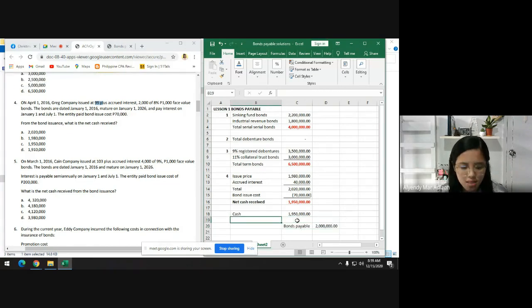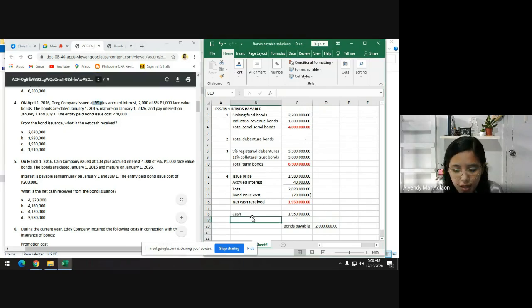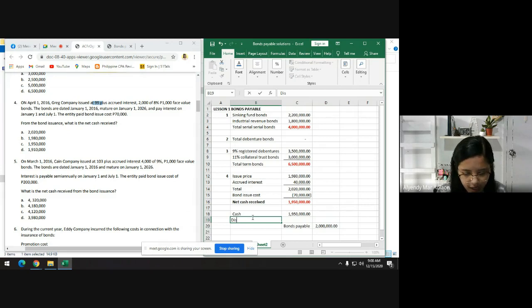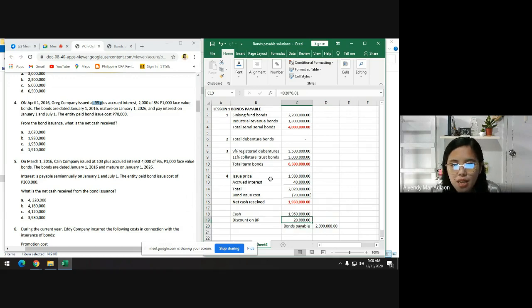So in this case, is there a premium or discount? Since it was issued at 99, meaning there is a discount on bonds payable by 1%. So 2 million times 1%, that is 20,000. So that is why our issue price is 1,980, because 2 million minus 20,000, that is 1,980.